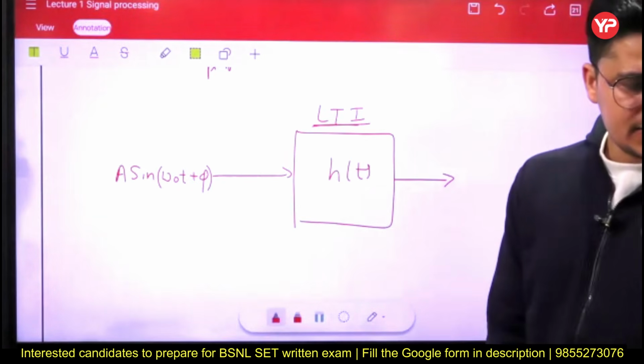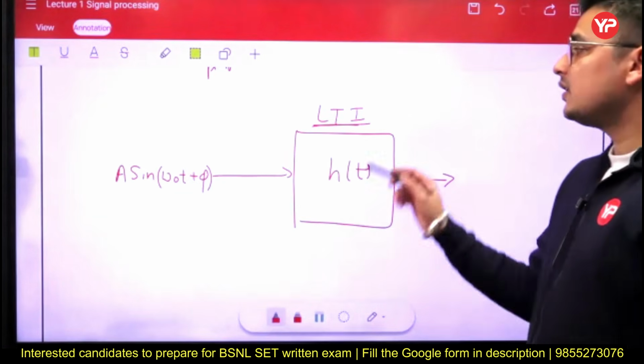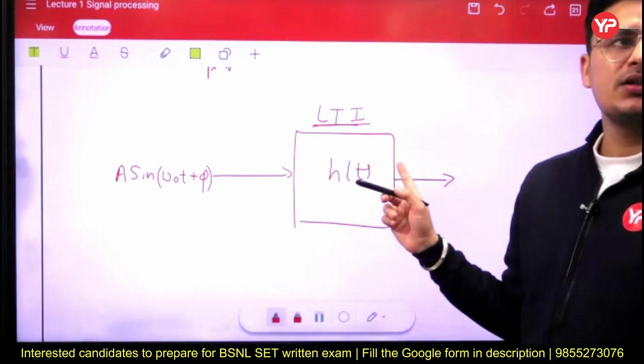What will be the difference then? There will be a difference in amplitude as well as in phase.